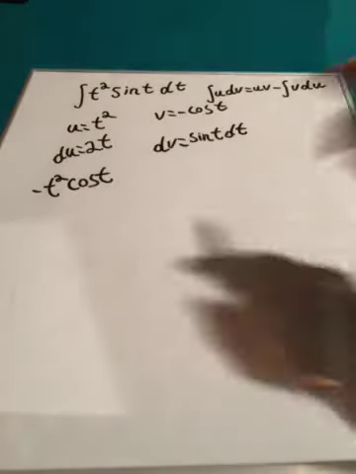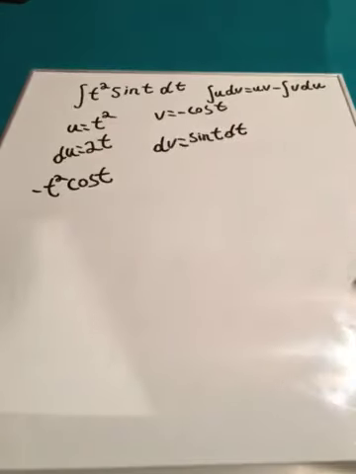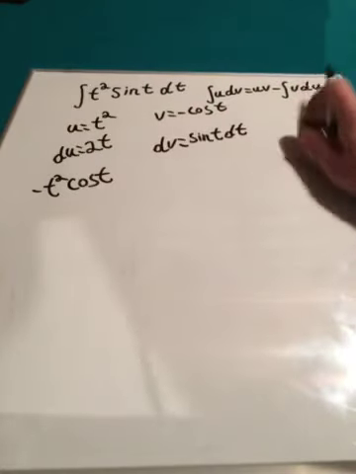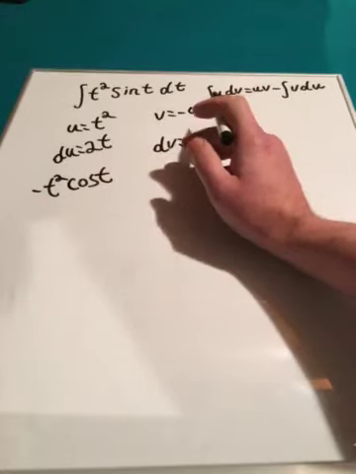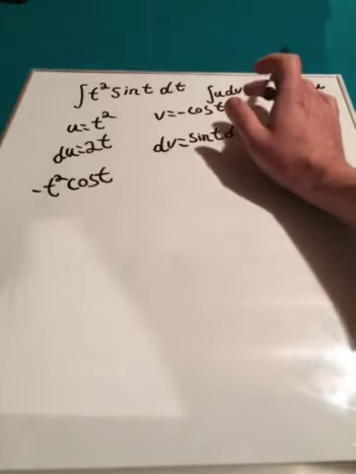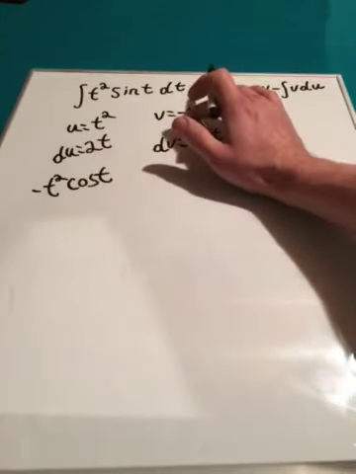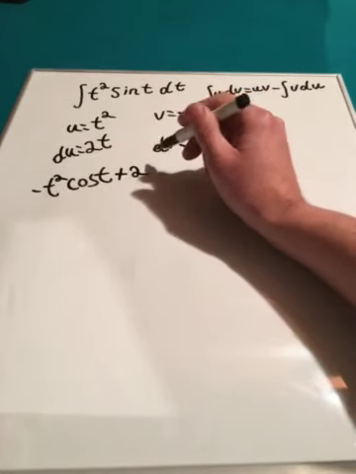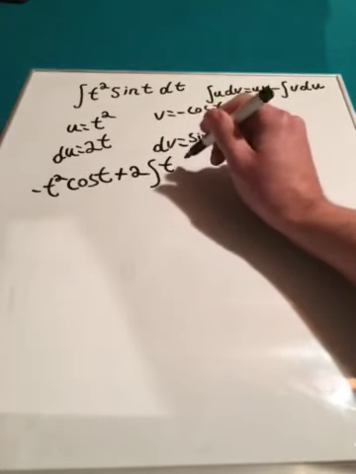And then minus our new integral. The new integral is always going to be the opposite axis. So it's minus the integral of 2t times minus cosine of t. We can pull out the 2 and the minus sign. It's going to be minus a minus, or plus 2 times the integral of t cosine of t dt.